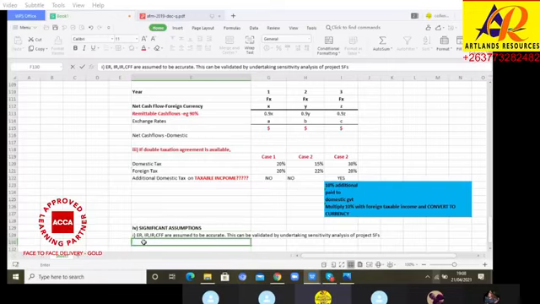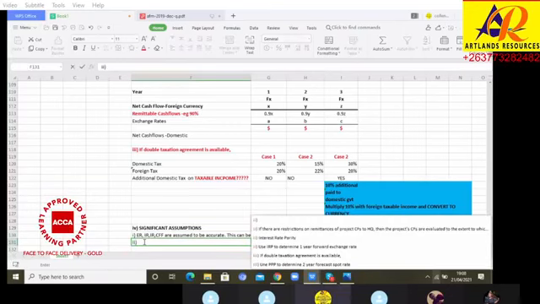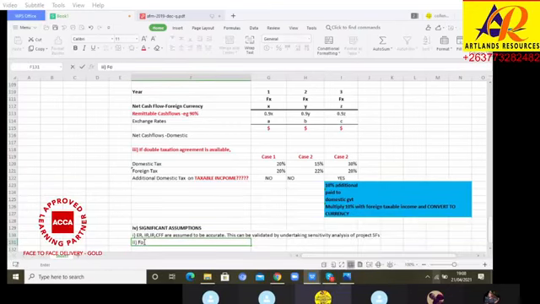Another assumption is that the foreign government will last over the duration of the project. This is an important assumption. The foreign government is assumed to last over the duration of the project, because if this is not the case, your project will be affected.